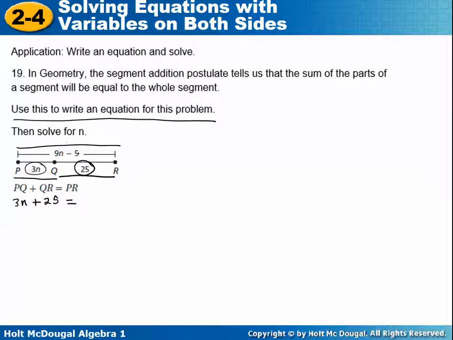And PR's expression is the whole thing. It's 9n minus 5. So we have an equation to solve just like all of the rest of the worksheet. It's an equation with a variable on both sides. So you'll follow your rules, so get your variables together on the same side, and then find out what you get for n.